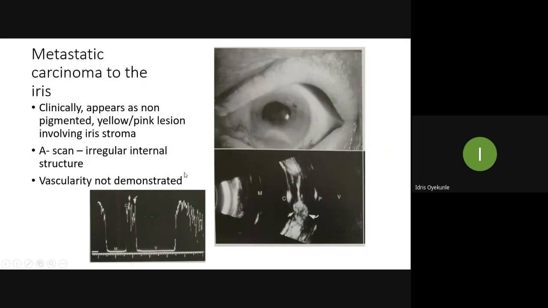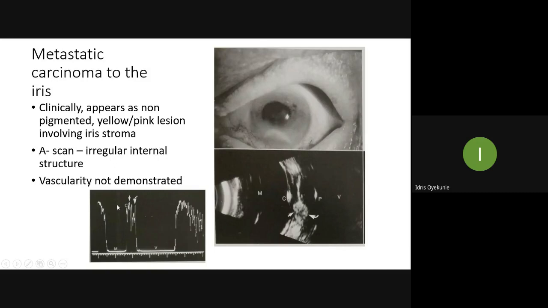But how do we differentiate this from metastasis to the iris? Usually these are non-pigmented and they involve the iris stroma. What is seen here is that the internal structure is not regular compared to an iris melanoma.